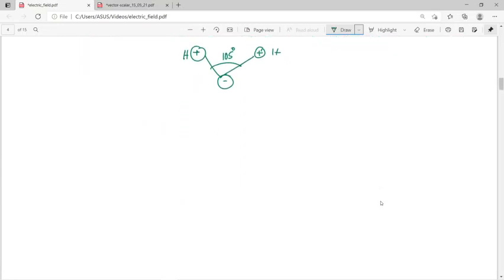And there is also the concept of non-polar molecules.